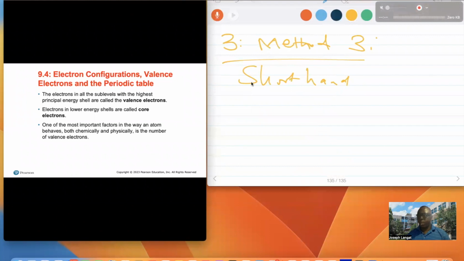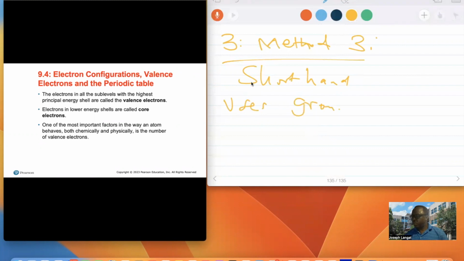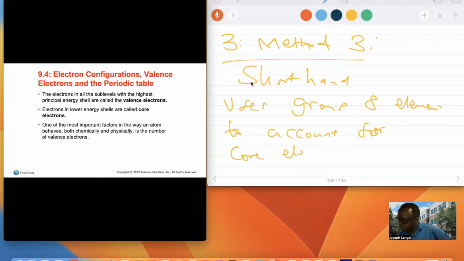Method three for writing electron configuration is shorthand. In method three, we use group 8 elements to account for core electrons.